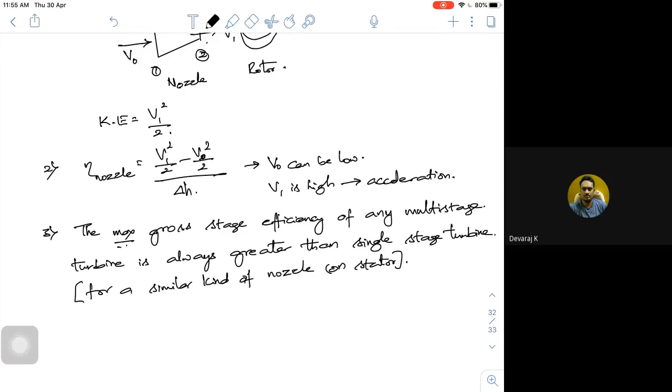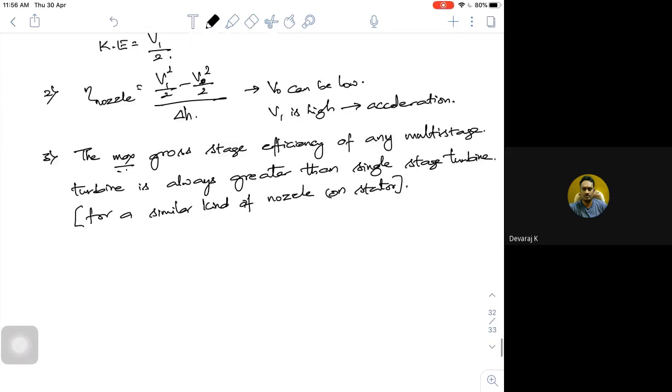So here, for the optimum value of this particular pressure, we have to look at the nozzle angles. When I speak of nozzle angles, the first stage exit nozzle angle will be your alpha.